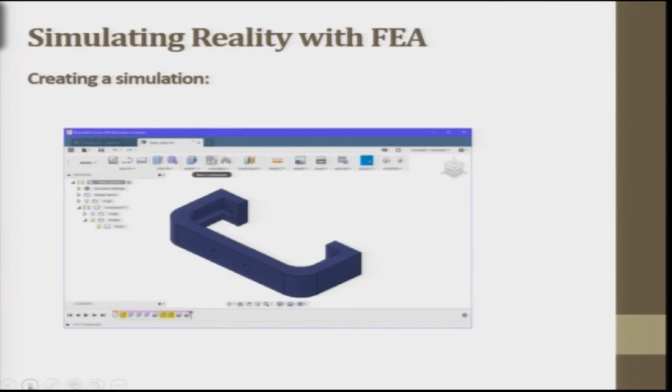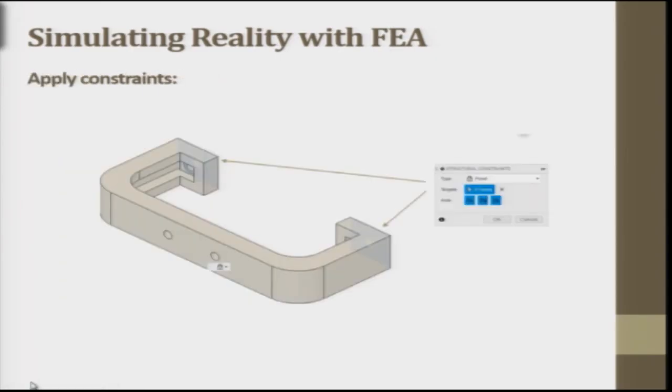Now, creating the simulation. In this specific product, we will create a simulation, and this is the first step. We just take the product, test joint V1 is the name given to the product, and we have selected the specific document settings, and this is the body that is generated. Then we apply the constraints.